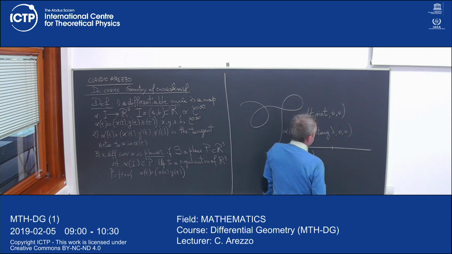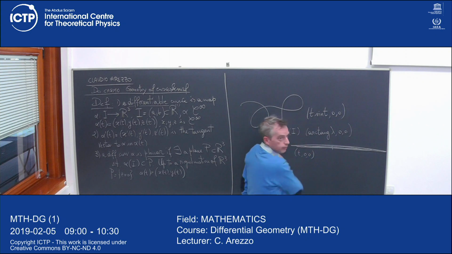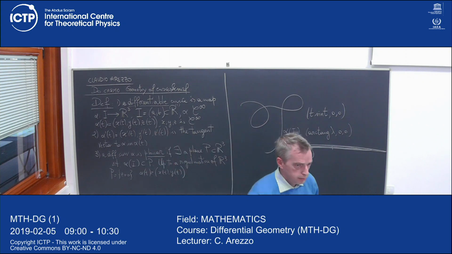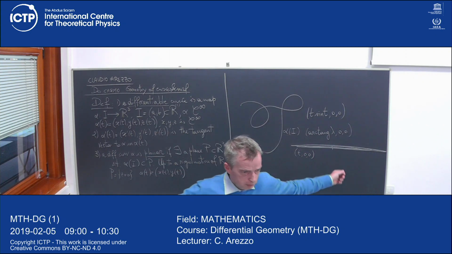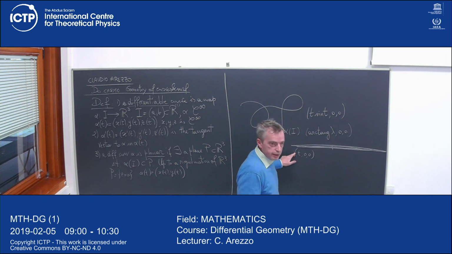It starts from here and then starts doing like this. It's kind of a pendulum which is growing in amplitude and goes to infinity. It's horrible, but it's nice, so it's not too horrible. So you see, these three curves are three different curves, because these are three different maps.